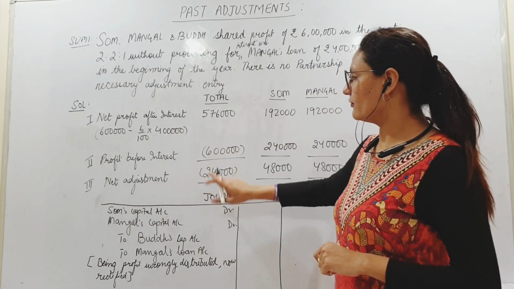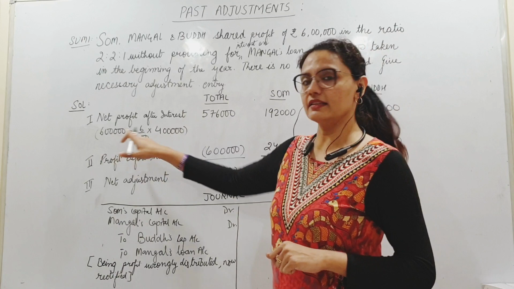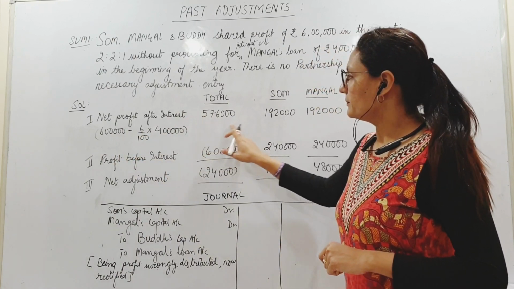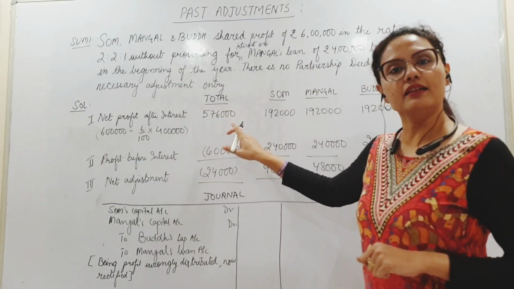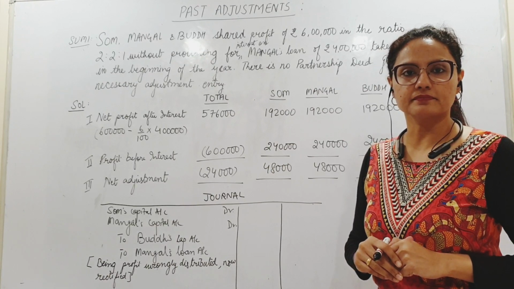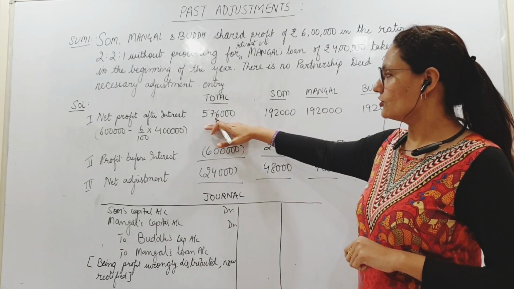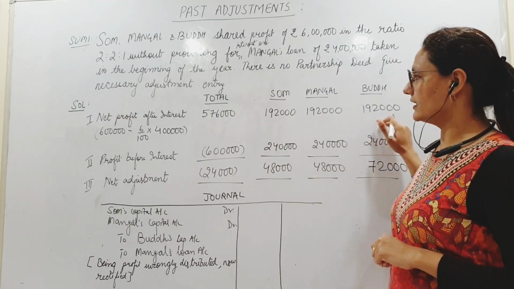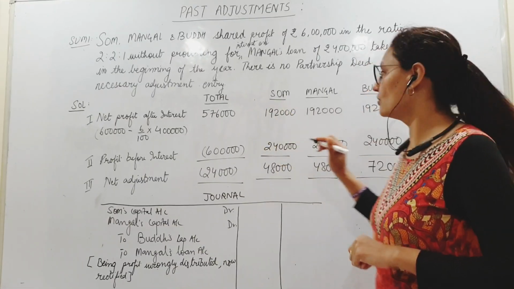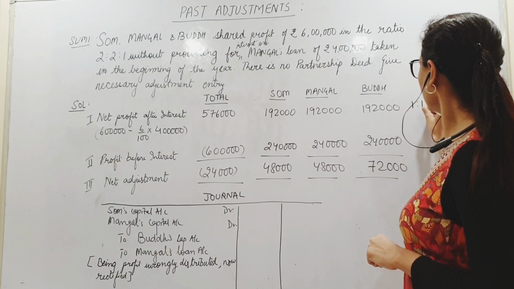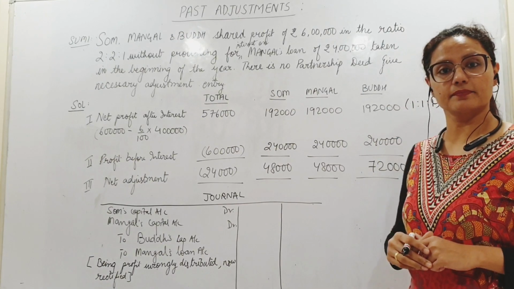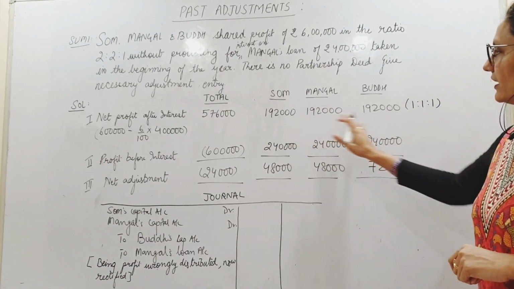That's coming to 24,000. So after subtracting 24,000, this net profit is coming to 5,76,000. This is the correct profit to distribute. This should have been divided equally in the ratio of 1:1:1.